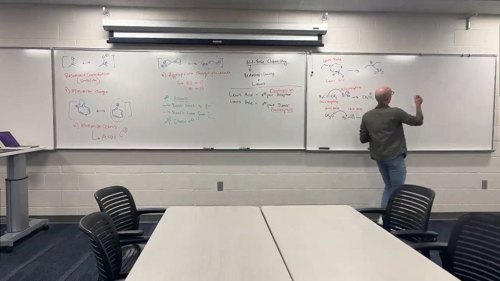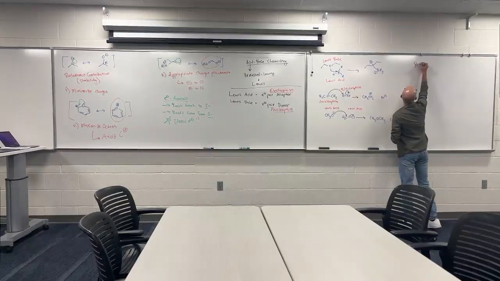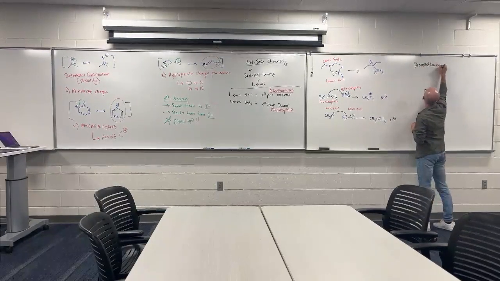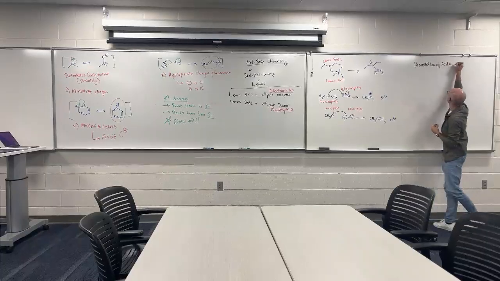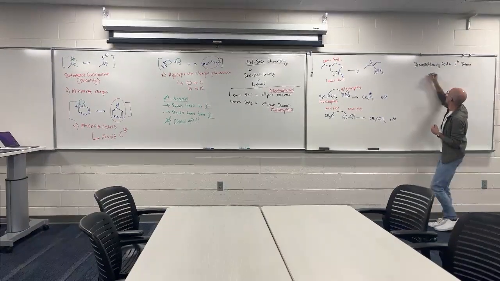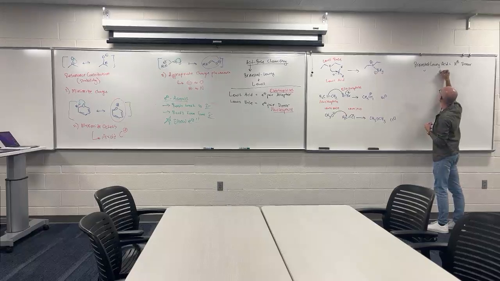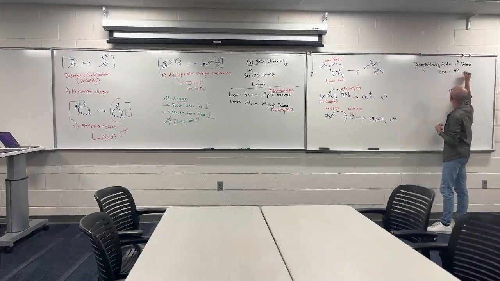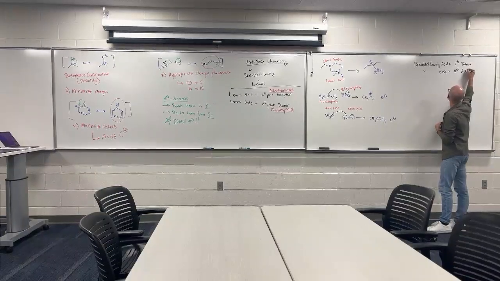Bronsted-Lowry instead decided these definitions. A Bronsted-Lowry acid is a hydrogen ion donor, and a Bronsted-Lowry base is a hydrogen ion acceptor.